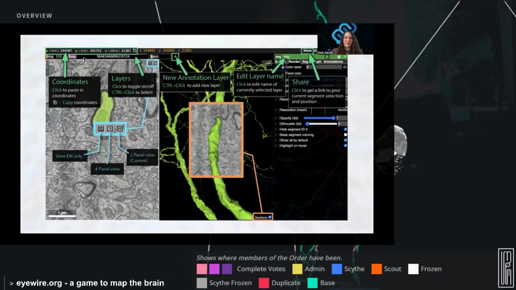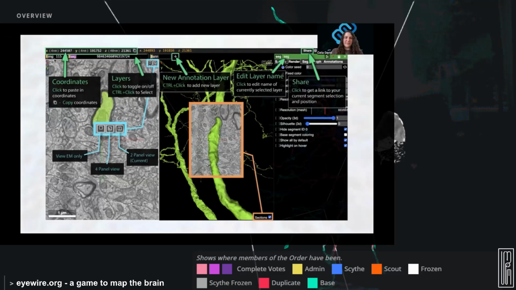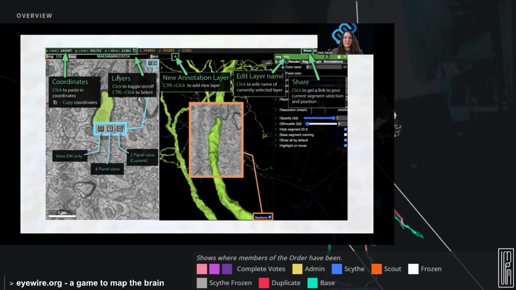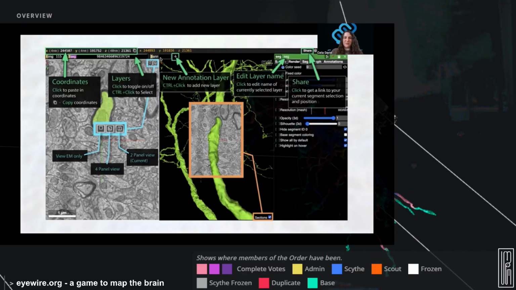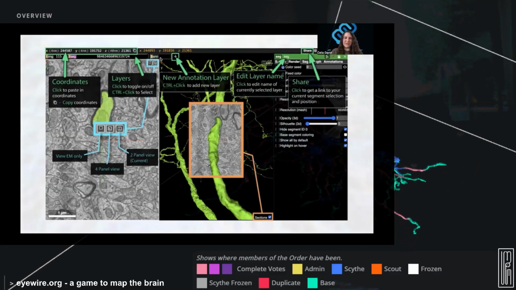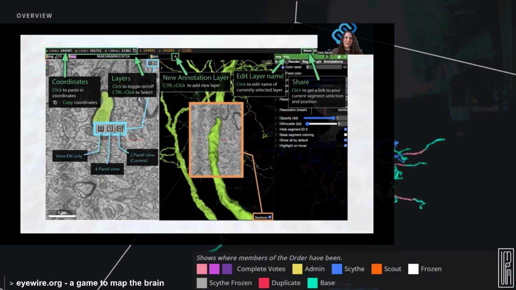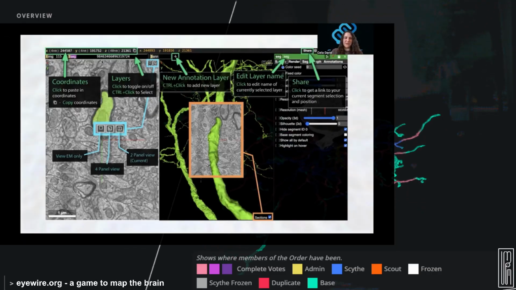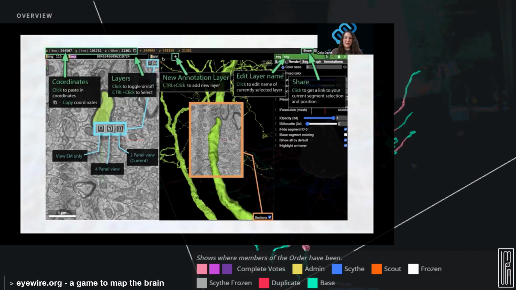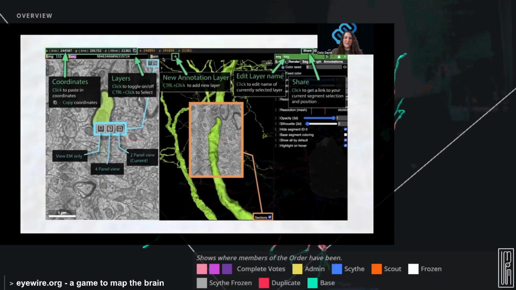And then this is just a little bit of the interface that we're seeing here. We're working in these layers rather than all in one space, so you'll have to make sure that you're in the correct layer when you're adding or removing things or changing things. We have the image layer, that's this EM image here, the segmentation layer, that's the 3D image, and then you can add annotation layers.